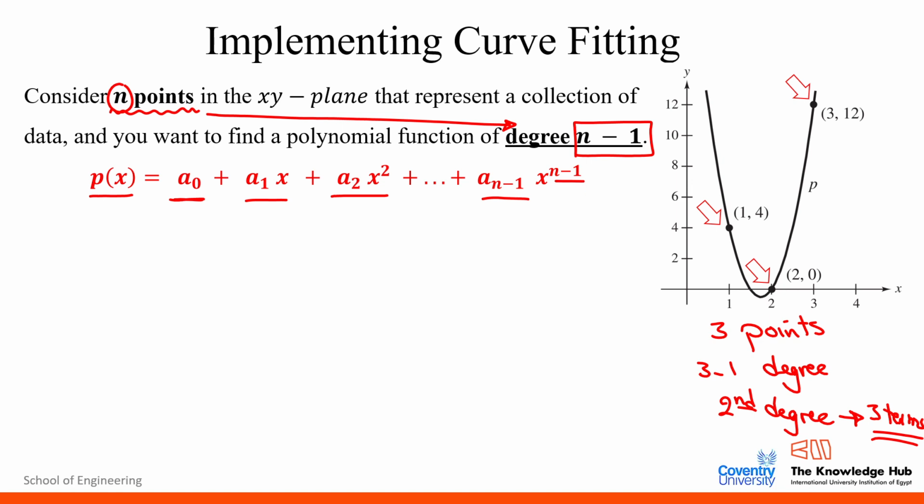This is the general form for writing a polynomial function. You will find out that if we have here 3 points, the equation would have 3 terms. That's why the polynomial function should end with n minus 1.